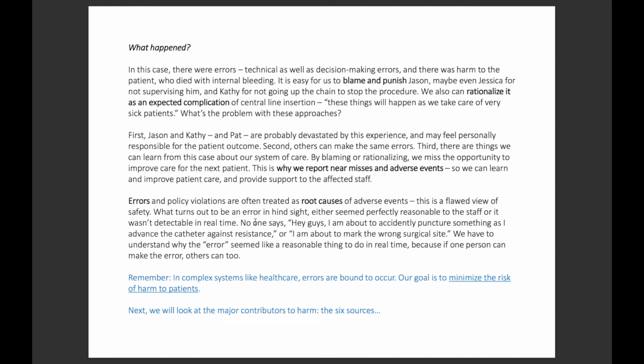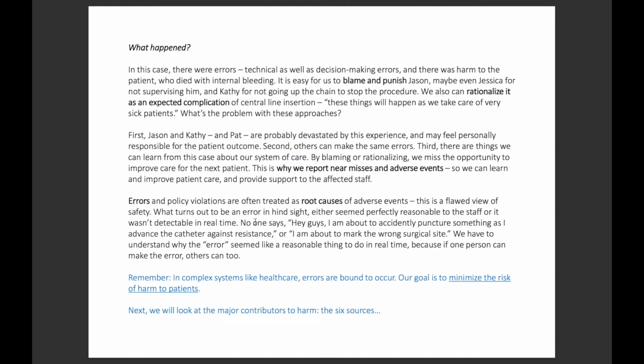So this is why we want to report near misses and adverse events. This is so we can learn as an organization. Not only that, we should say, hey, this happened today. We want to let everyone in the organization know it so you can prevent it. We should broadcast these. Errors and policy violations are often treated as root causes of adverse events, but this is a flawed view.